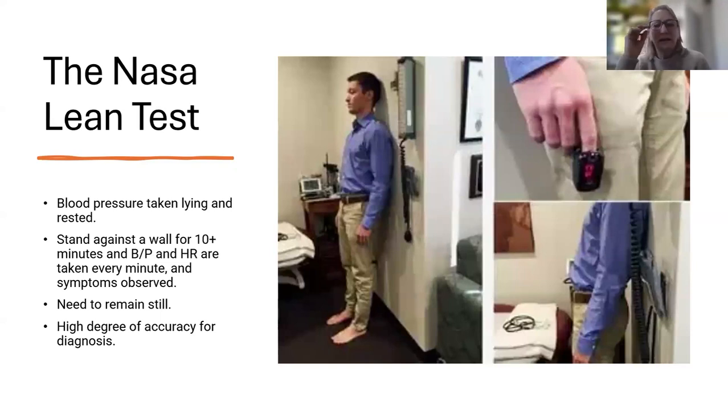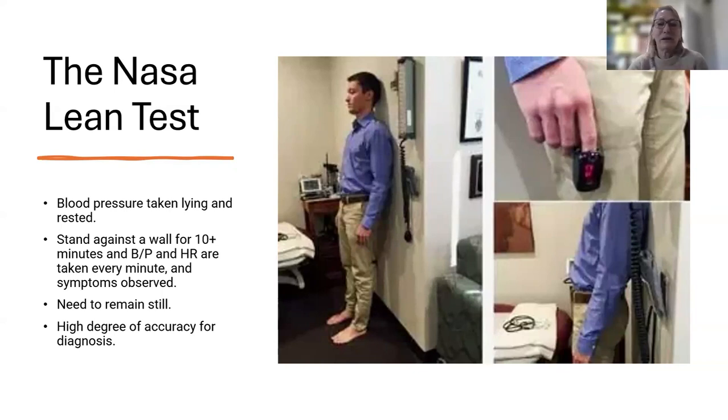But there's also the Nasoline test, which is done very easily in the home or in a doctor's surgery or in an office, and it has a high degree of accuracy for diagnosis. It gives just as good a result as the tilt table test.